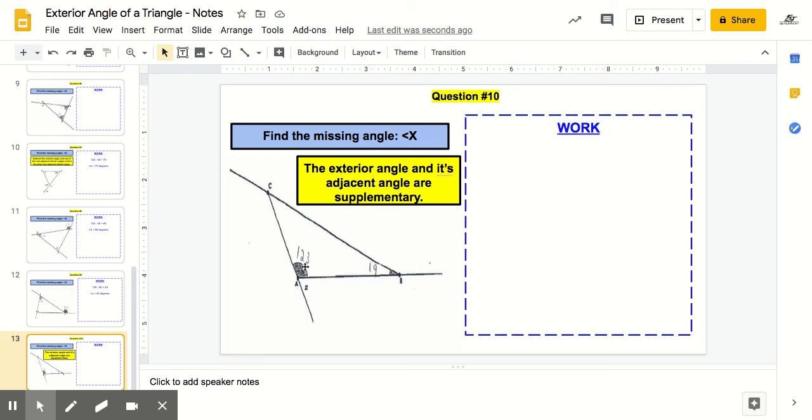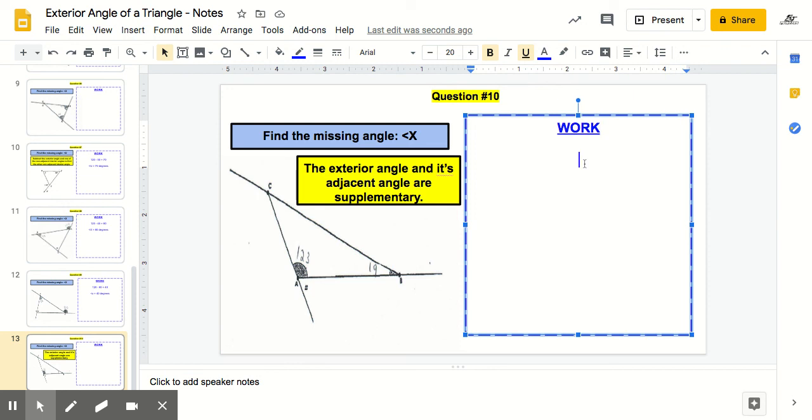So I can't use the exterior angle theorem, but I can find out the measure of angle x because look what I wrote. The exterior angle and its adjacent angle, the angle that's right next to it, are supplementary. They're right next to each other and they're on a straight line. So I can find the measure of angle x by simply subtracting 180 minus 123.